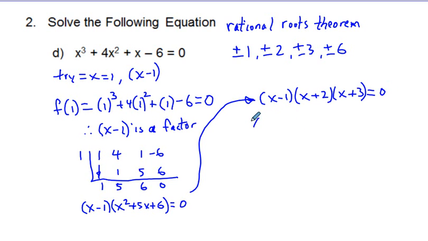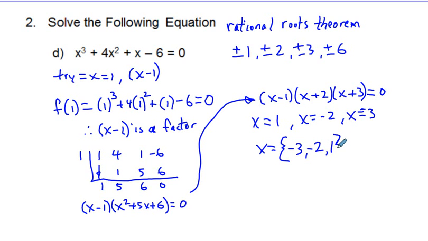So we're going to have x is equal to 1, x is equal to negative 2, and x is equal to negative 3. So we can write this in set notation as x equals negative 3, negative 2, 1.